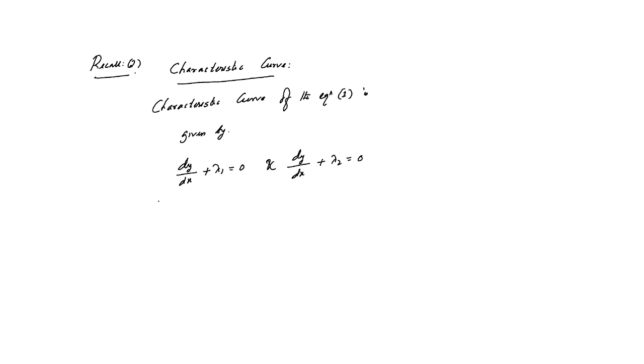Now the question is, what is lambda 1, lambda 2 here? Where lambda 1, lambda 2 are the characteristic roots of the equation 2.